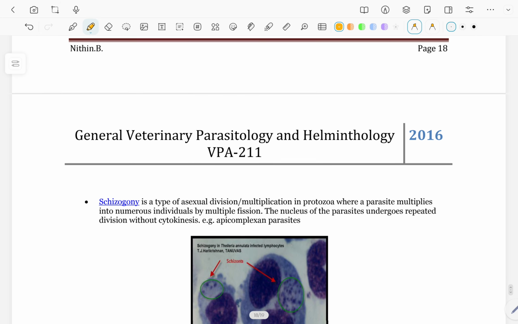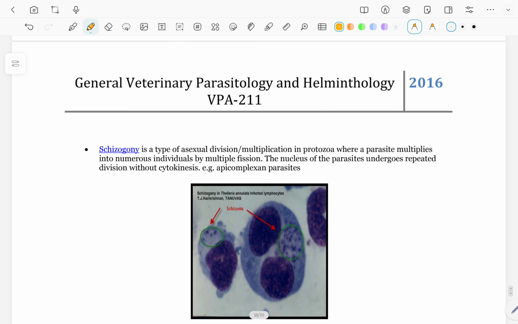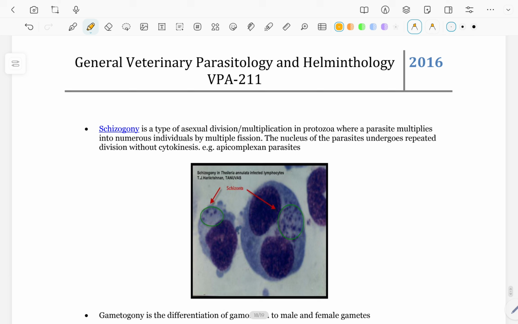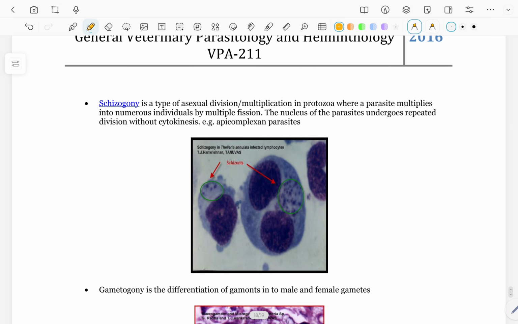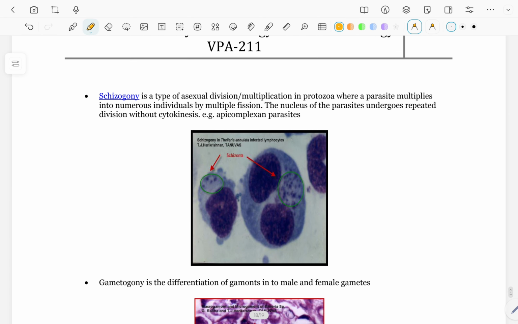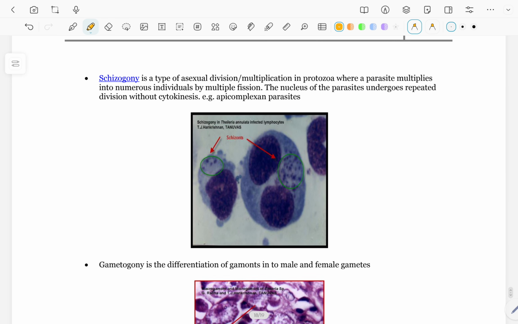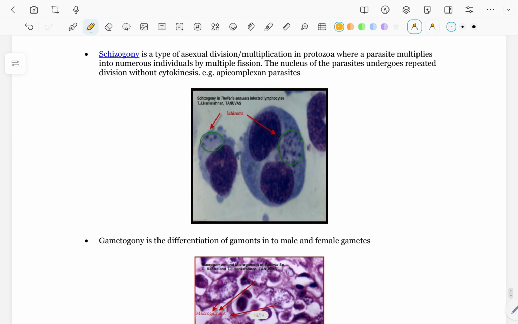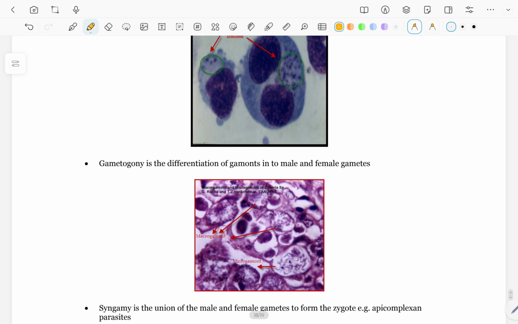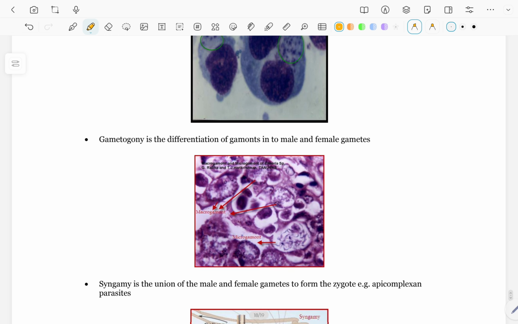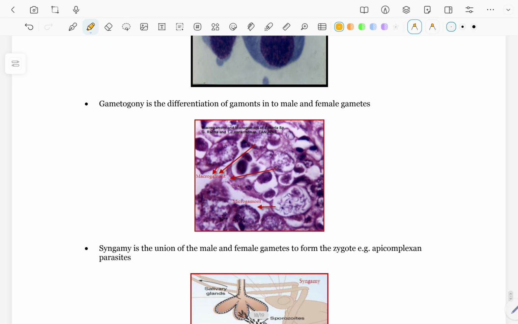Schizogony is a type of asexual division or multiplication in protozoa where a parasite multiplies into numerous individuals by multiple fission. The nucleus of the parasite undergoes repeated division without cytokinesis. Example: apicomplexan parasites. Gametogony is the differentiation of gametes into male and female gametes.